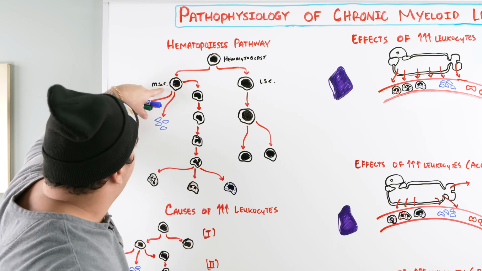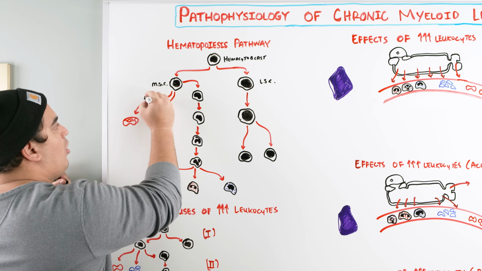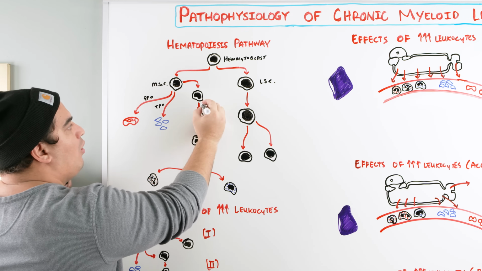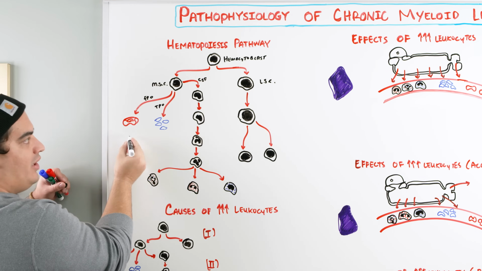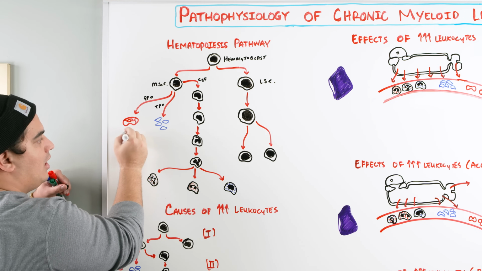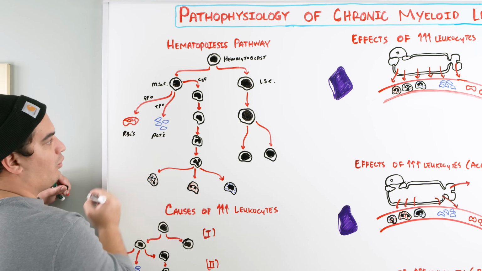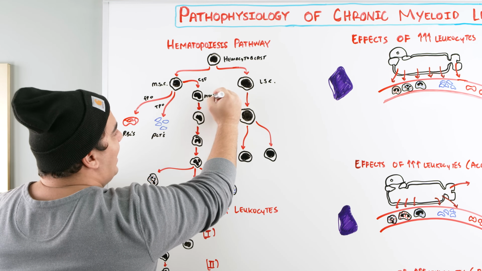Because what happens is myeloid stem cells further differentiate. In the presence of hormones like EPO and TPO, which are erythropoietin and thrombopoietin, or colony stimulating factors, they differentiate into specific cell lines, like red blood cells via erythropoiesis, platelets via thrombopoiesis, or myeloblasts.